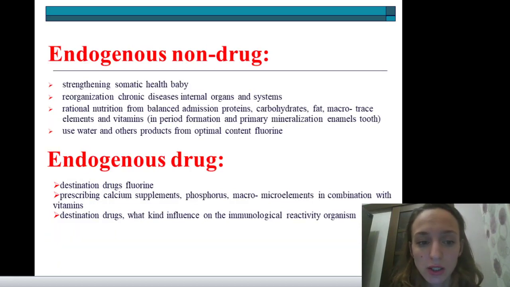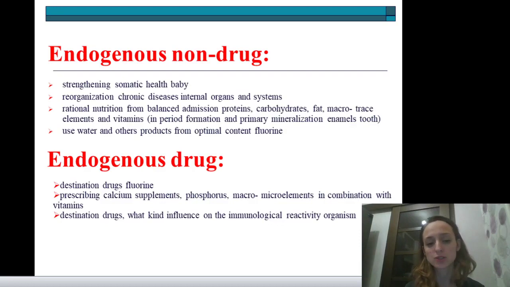Endogenous non-drug prevention: what we can do is strengthen the somatic health of the baby, reorganize chronic diseases of internal organs and systems, rational nutrition from balanced intake of proteins, carbohydrates, fat, macro and trace elements, and vitamins, and use water and other products with optimal fluoride content.